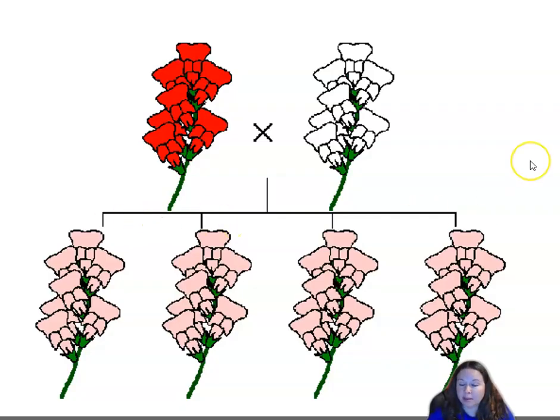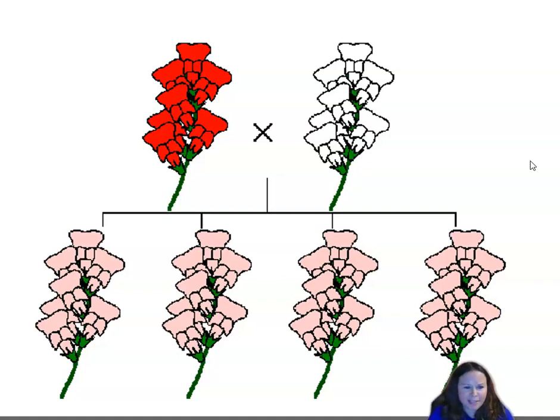All right, so here's a new situation. Before, what would happen if we crossed a red flower who is pure or homozygous for its trait of red flowers with a white flower who is also pure or homozygous for its color? We would expect to get one or the other, either red or white, under the old rules of Mendelian or complete dominance.